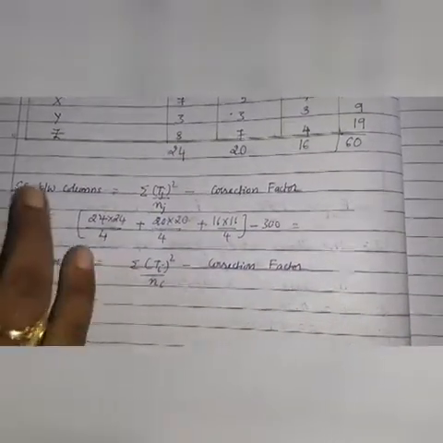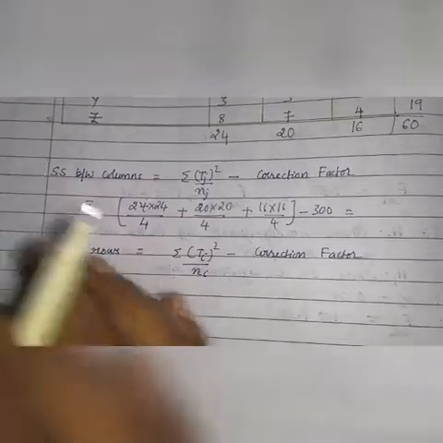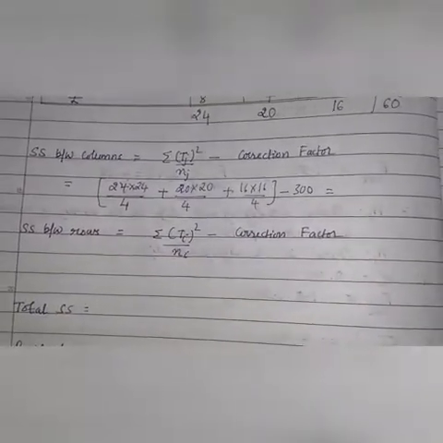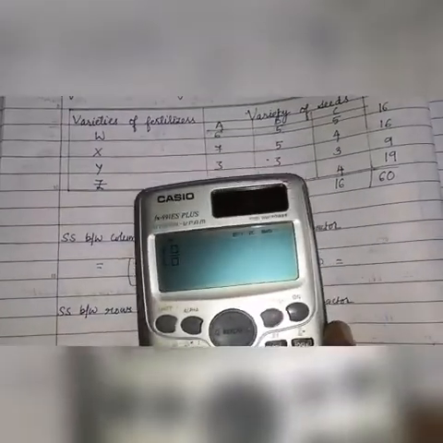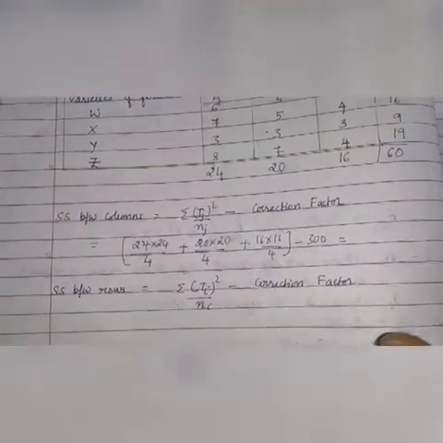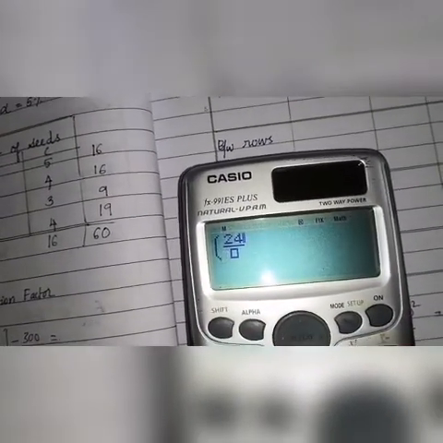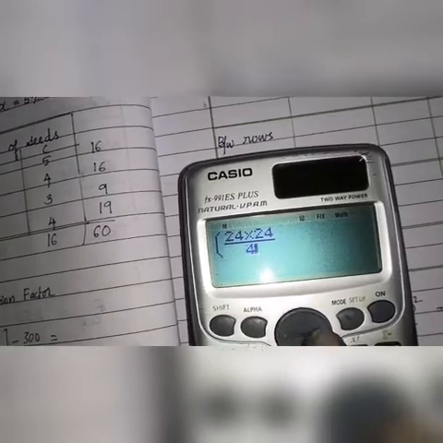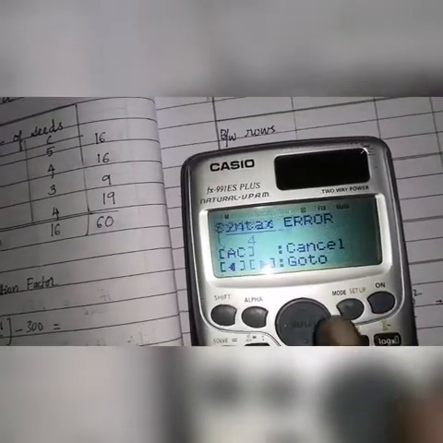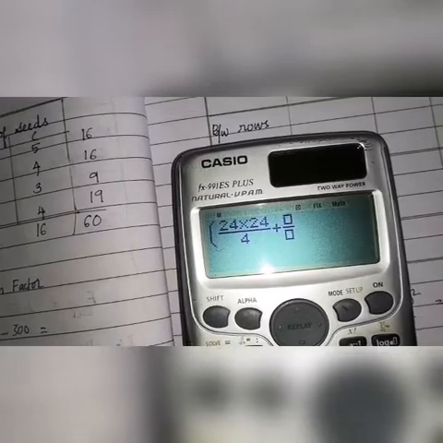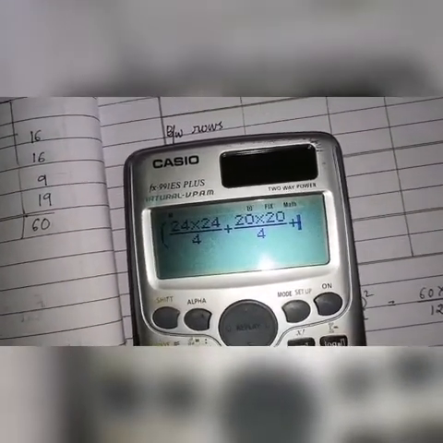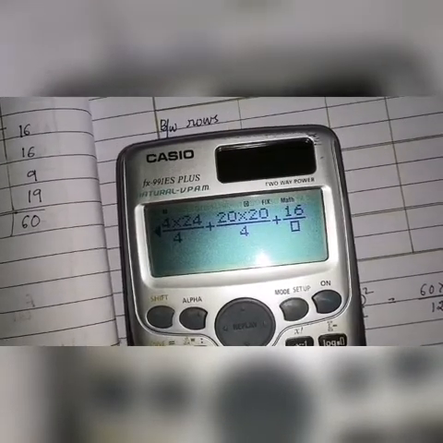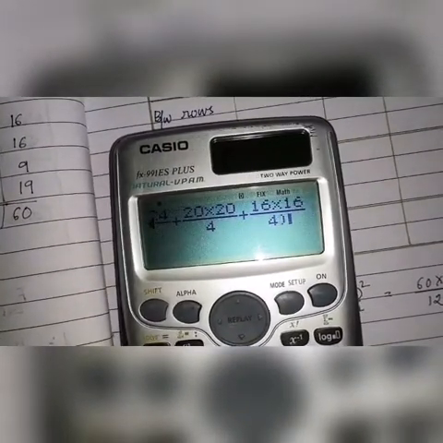Okay, so when we calculate this we get 24 into 24 by 4 plus 20 into 20 by 4 plus 16 into 16 by 4.